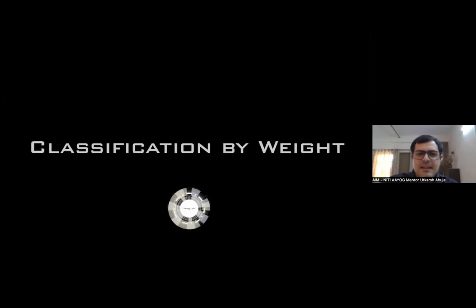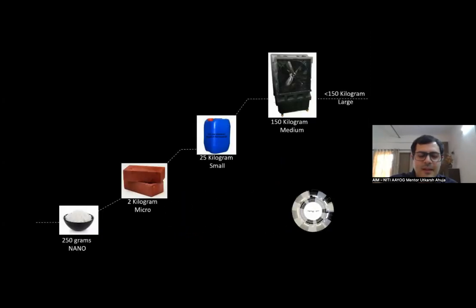Then there is classification by weight. By weight, the simplest classification that I can explain to you is this. Below 250 grams, we call it a nano drone. It's like a simple bowl of rice.